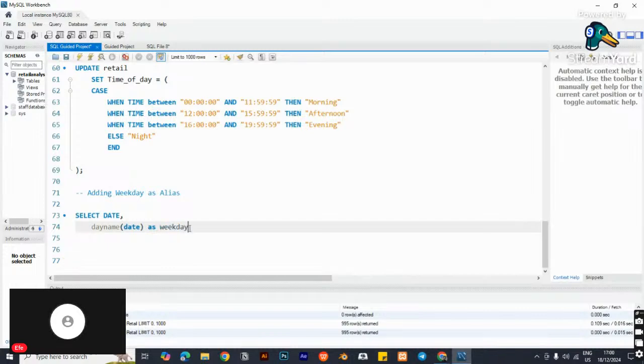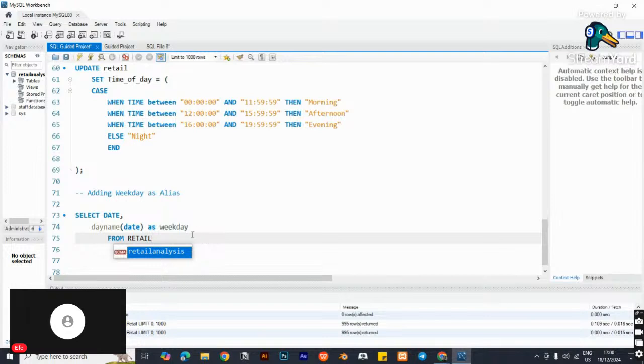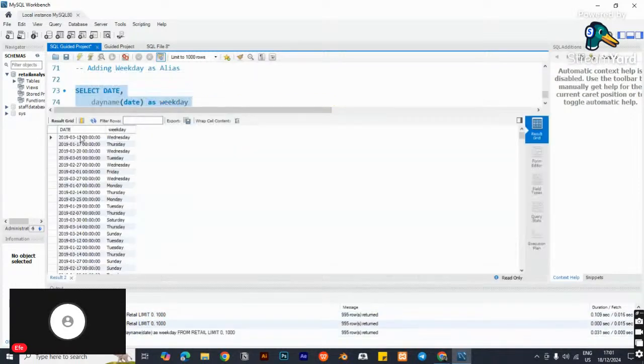I'll go very fast because of time. We use the from keyword referring to the table we are querying data from. If I run this, you see the output here. It has gone through each of the dates to return their respective weekday from the date column.